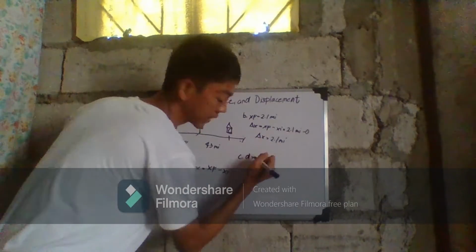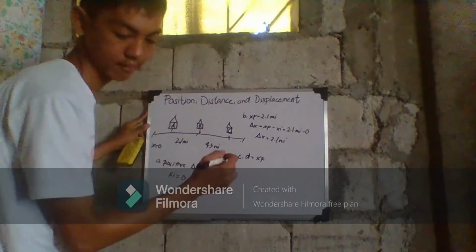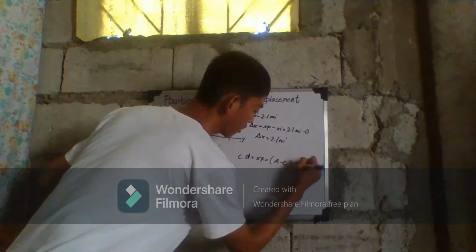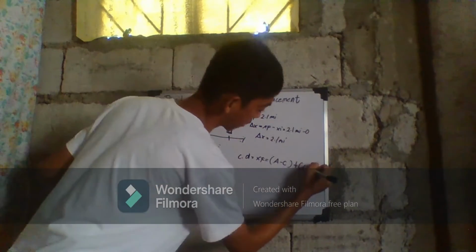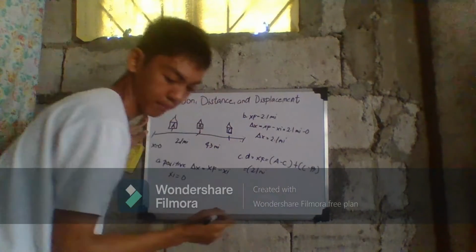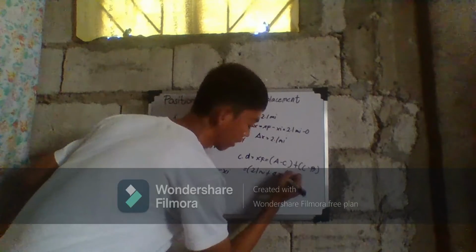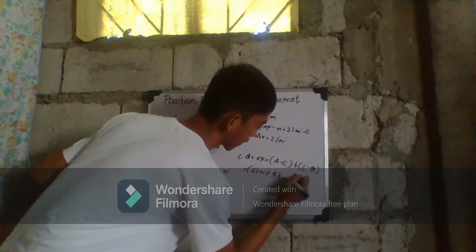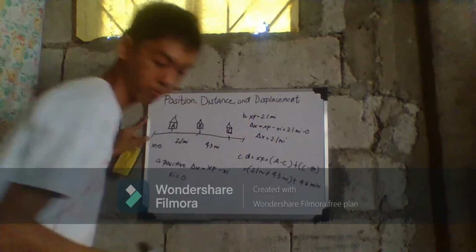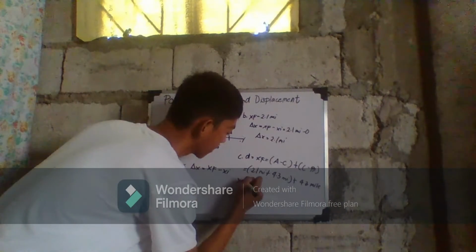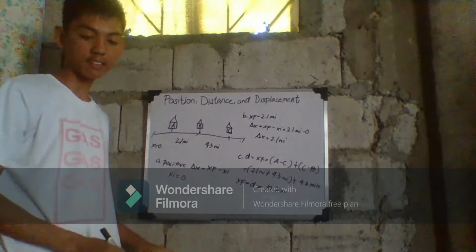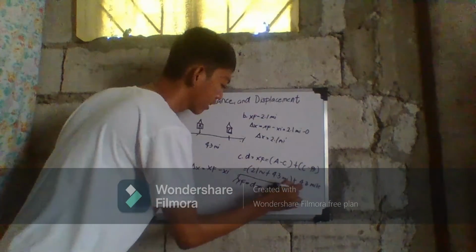So, D is equal to house A to C plus house C to B. So, it equals 2.1 miles plus 4.3 miles plus 4.3 miles. By calculating, x final, which is the distance, equals 10.7. So, our total distance for this trip in letter C is 10.7 meters.